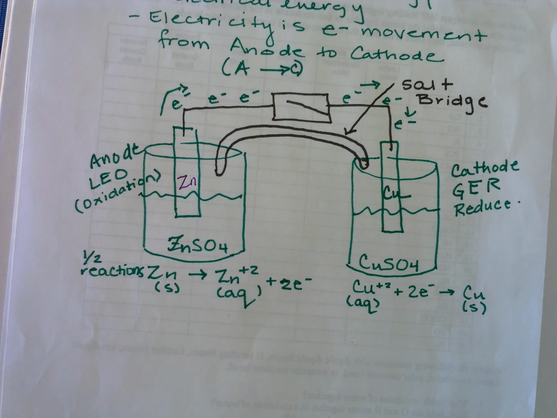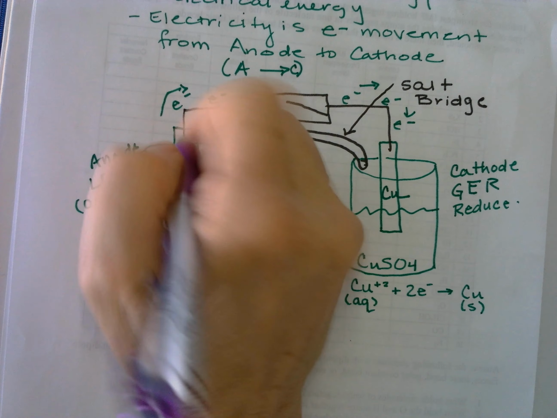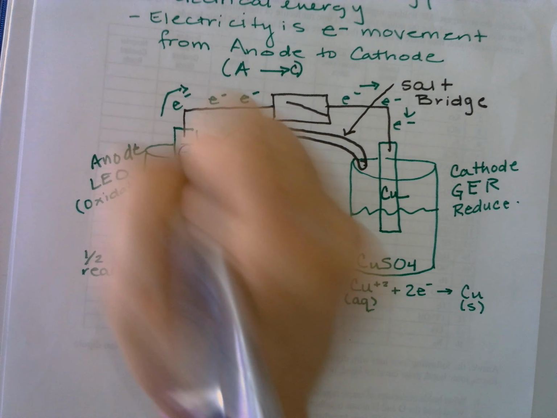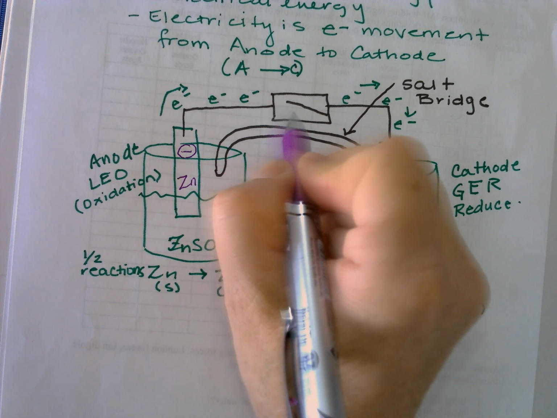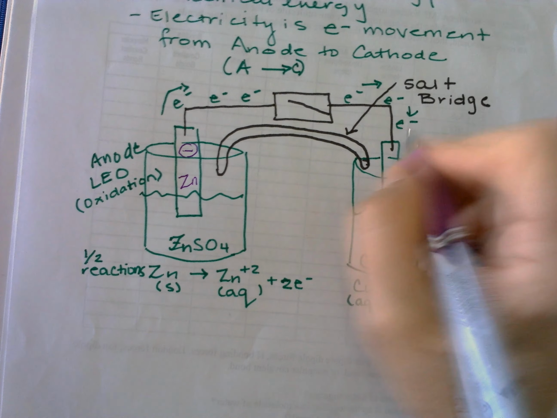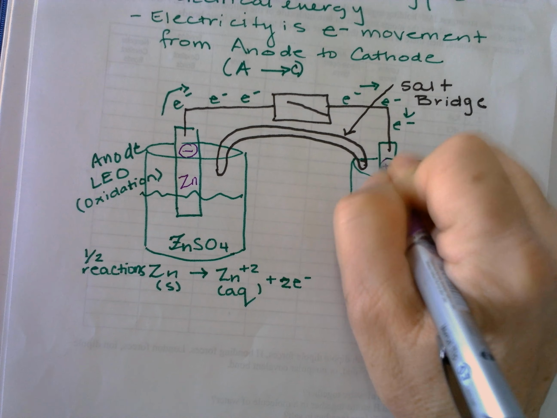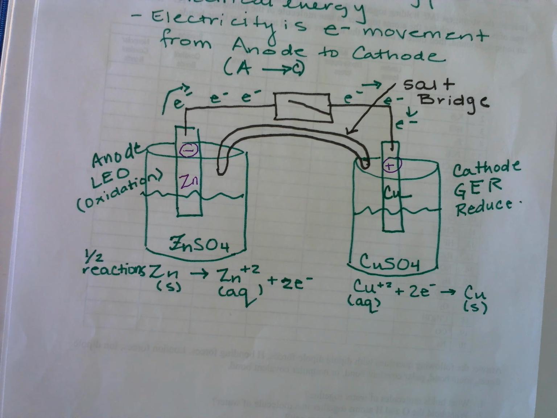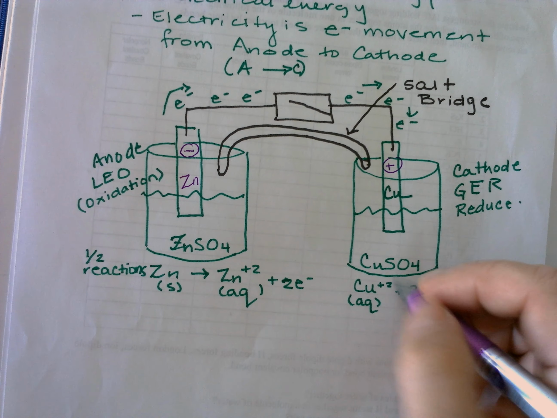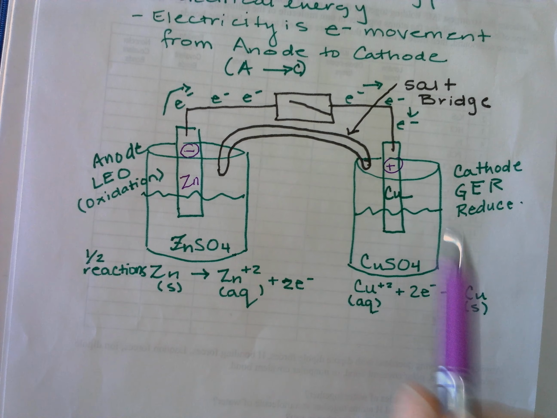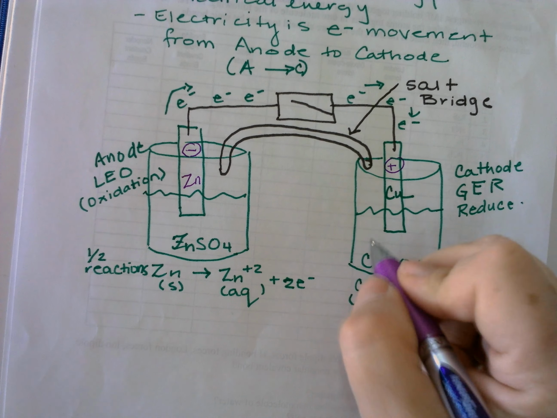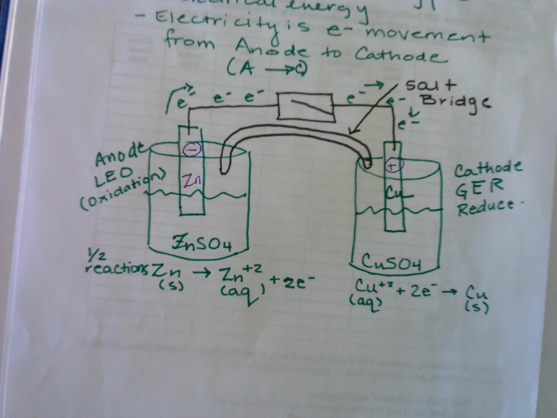So the zinc is the negative electrode on the battery. Why is it negative? Because it's got these electrons going, and the electrons are attracted to the positive electrode, because electrons are negative. Now, what's happening over here, and we're going to summarize all of this, is the copper 2+ in solution.